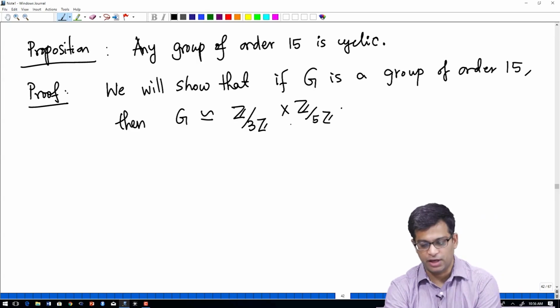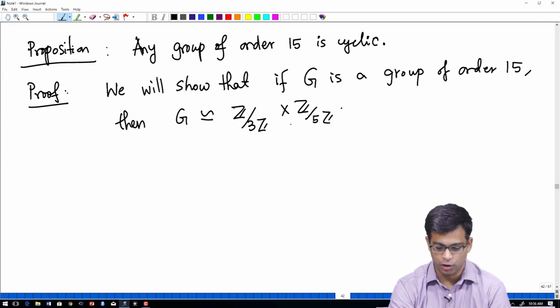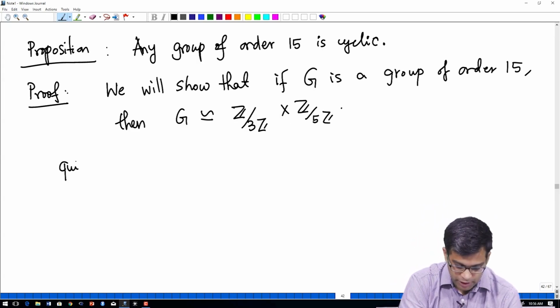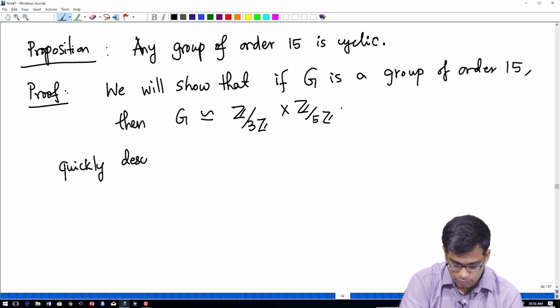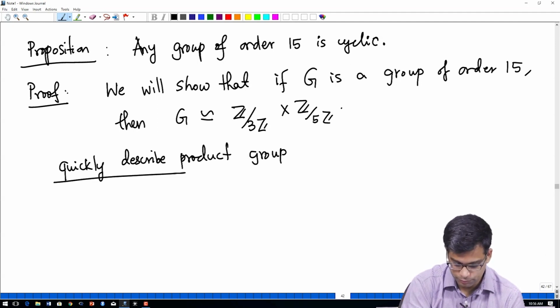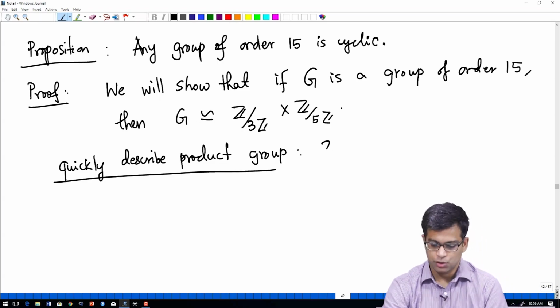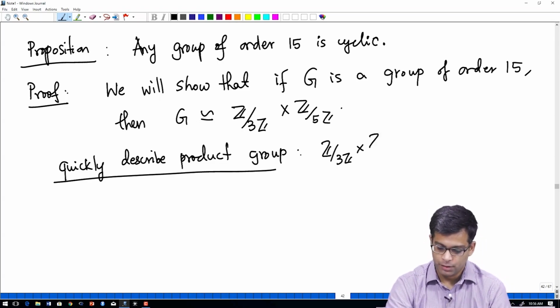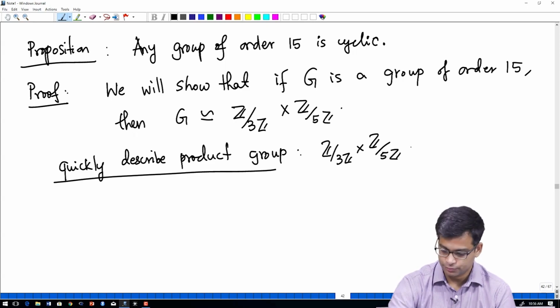Okay, so I do not remember whether I have talked about products carefully before. So quickly we describe the product group. It is very simple. So Z mod 3Z cross Z mod 5Z.